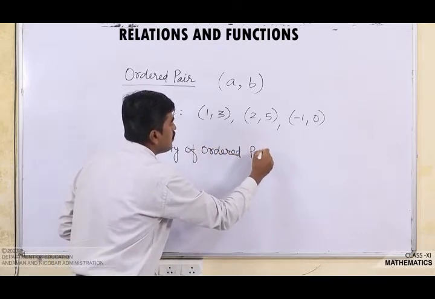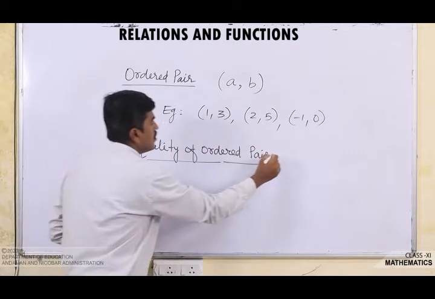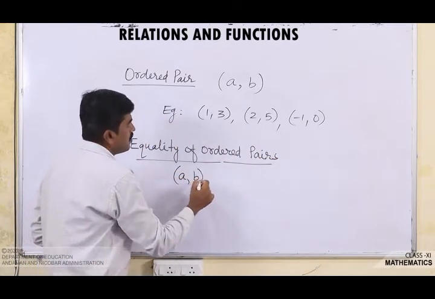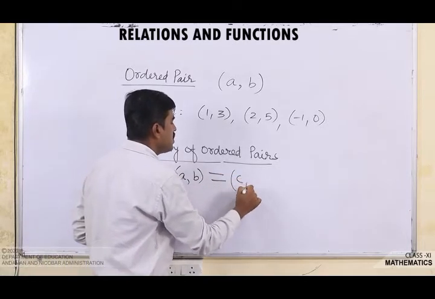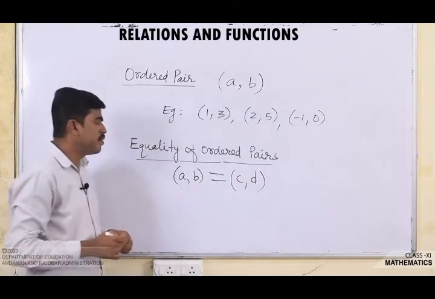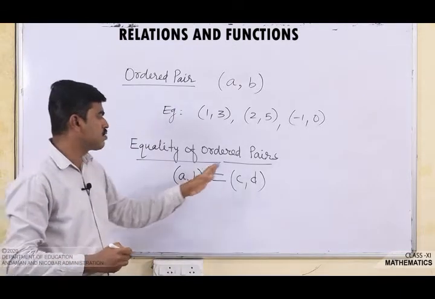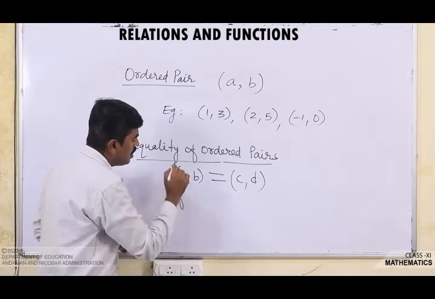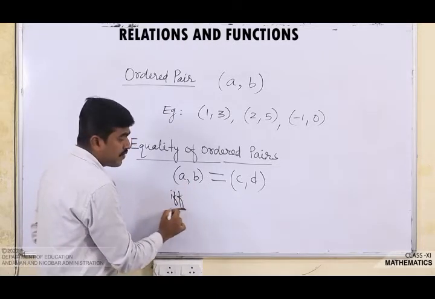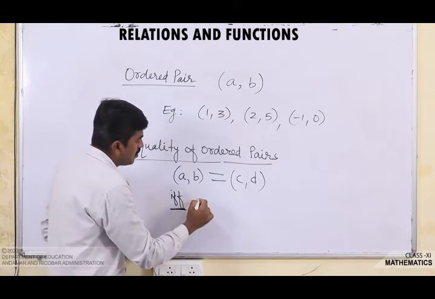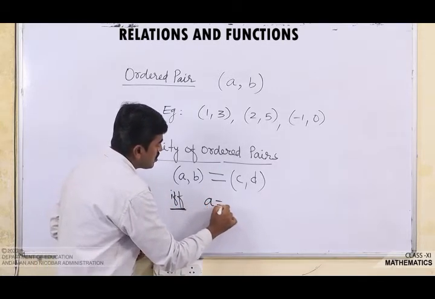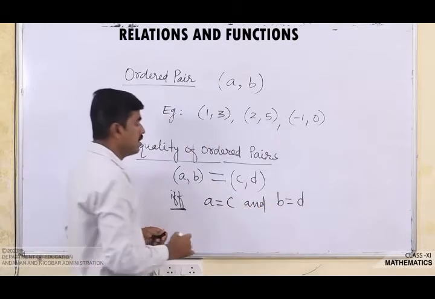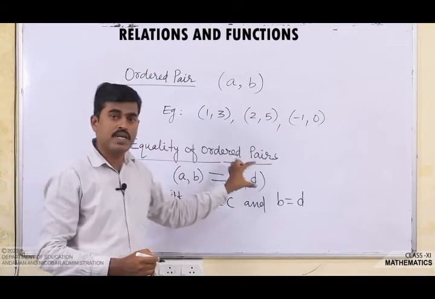Two ordered pairs A comma B and C comma D are equal if and only if, this is the symbol for if and only if, IFF, A is equal to C and B is equal to D. That means the corresponding numbers are equal.